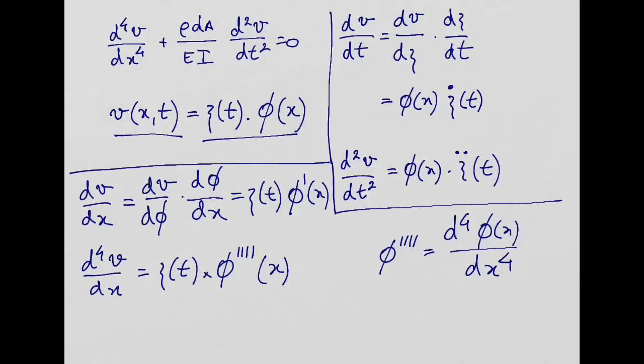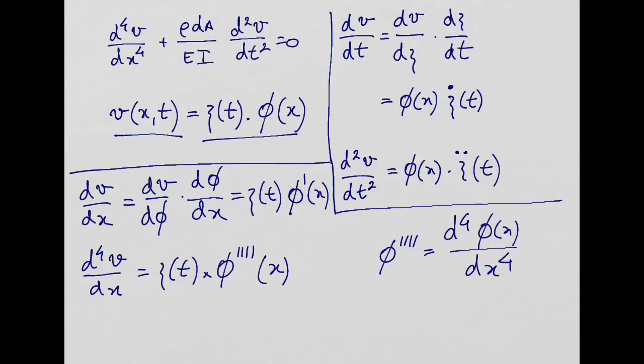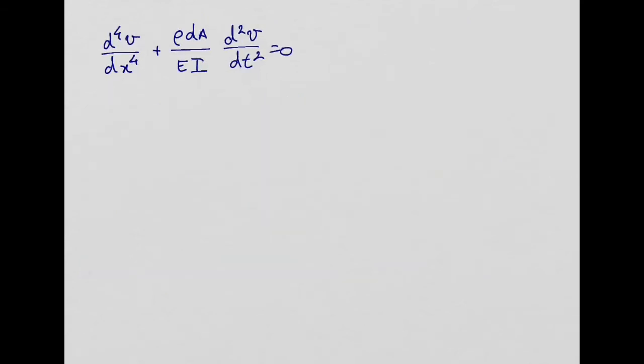Okay? So we have all the derivatives we need, just going to replace the derivatives in the differential equation. So the fourth derivative is this one. I'm going to copy and put it here.